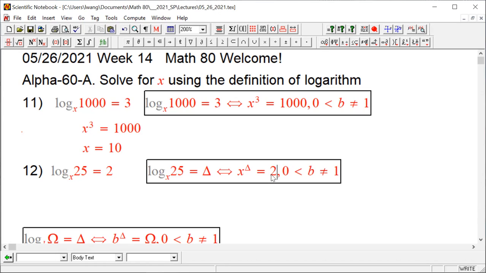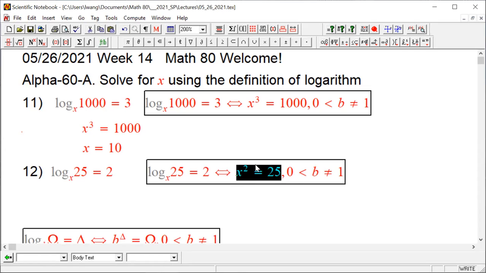And the position of triangle, we know that's a 2. So x squared equals to 25. Yay. We're getting closer to the answer. So from what's given, we get x squared equals to 25.